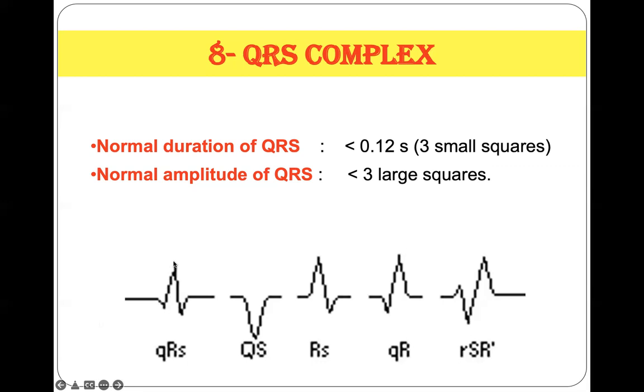And the first positive wave following the P wave is the R wave. And the second negative wave after a positive one is the S wave. So Q wave is the first negative wave after the P wave, R is the first positive wave, and S is a negative wave after a positive wave.